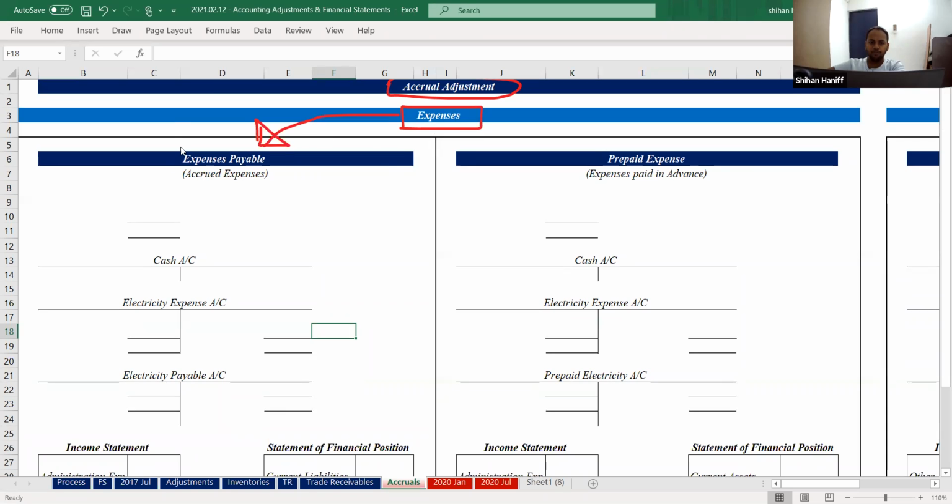One is expenses payable, in another term called accrued expenses. Then we have prepaid expenses, which is called expenses paid in advance.